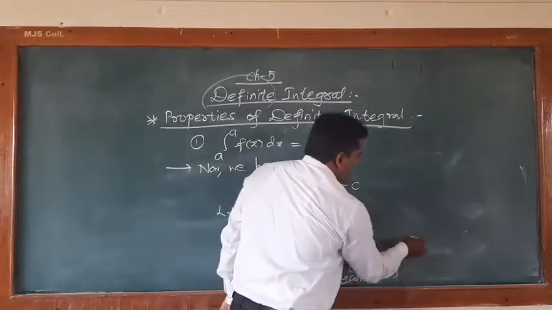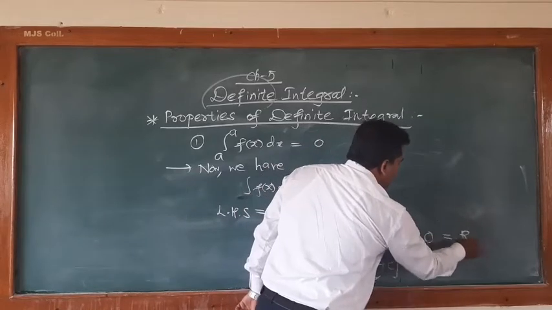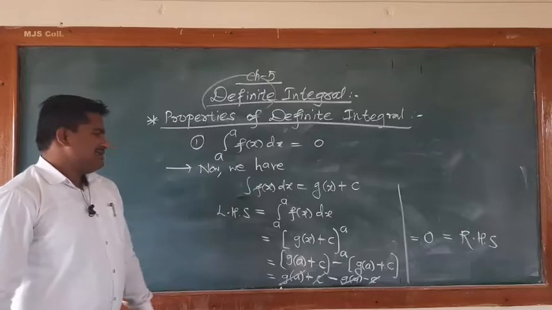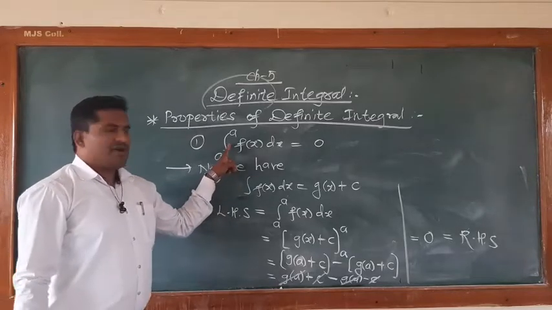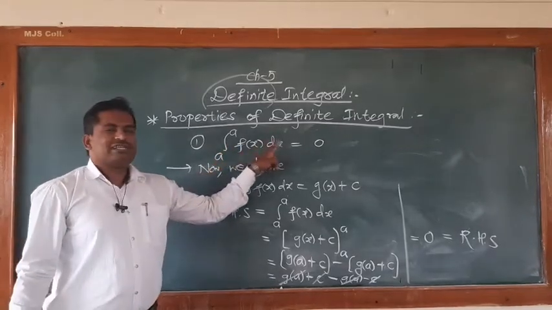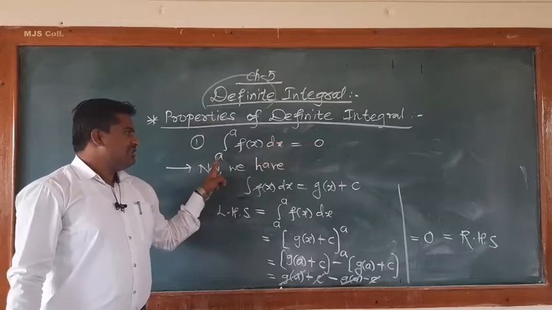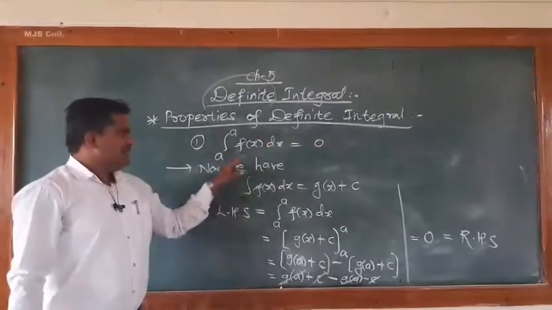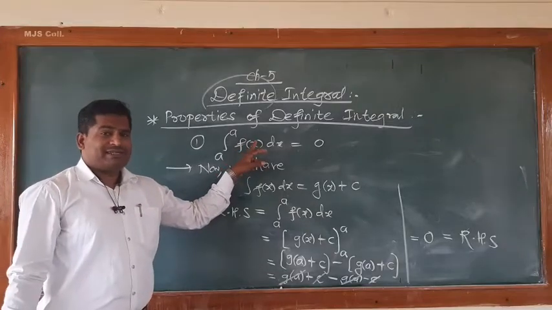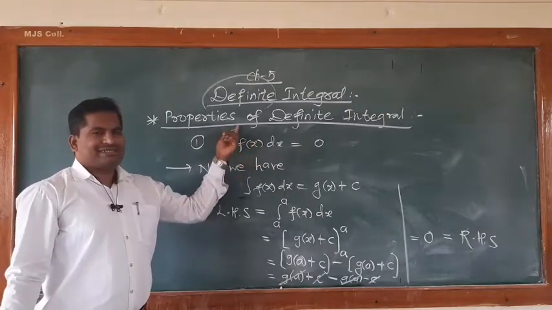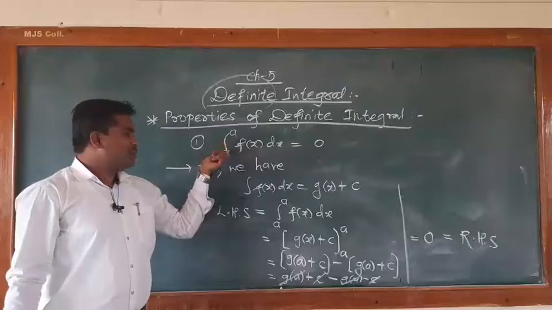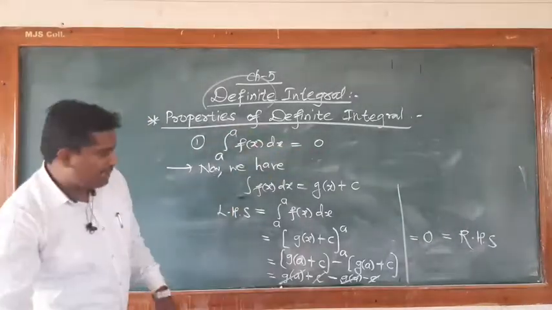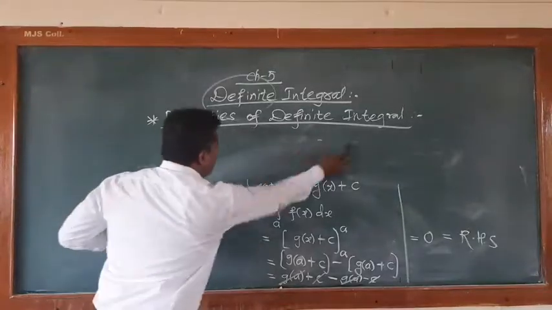Then we get 0 is equal to RHS. Therefore, integration of f of x with respect to dx with limit a to a is equal to 0. That means integration of any function with same limits, lower bound and upper bound, is 0. Now, second property.